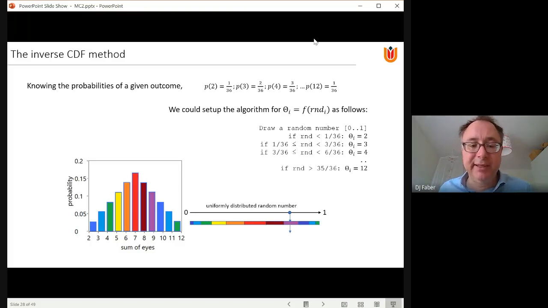And now what I did in the graph, and this is trying to visualize this a little bit, if you now give all these different probabilities, these different bars in the graph a different color, you could stack all these graphs together on the line. That is what you see on the right hand of the figure. And you could just put a scale of this uniformly distributed random number from 0 to 1 along that colored line, and wherever that number ends up, you just project down, and that is the sum of i's that you will assign.